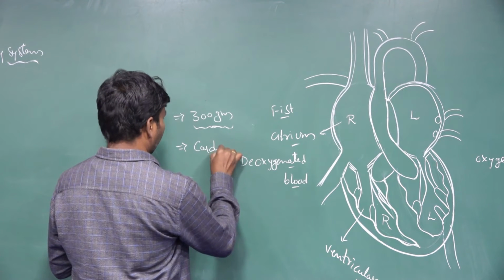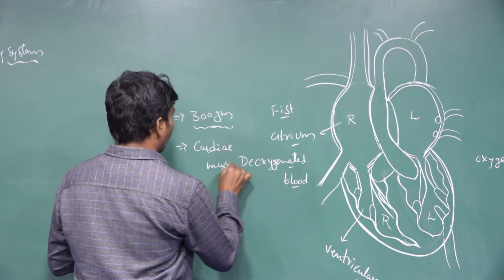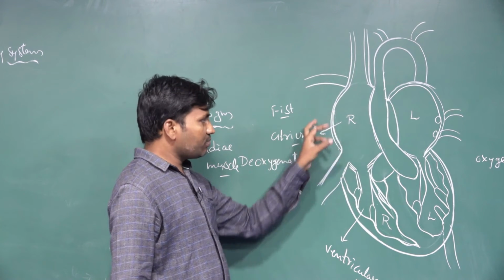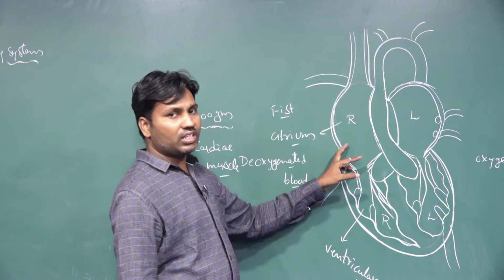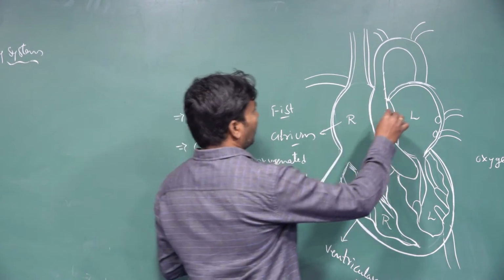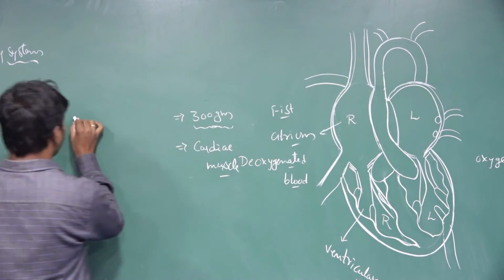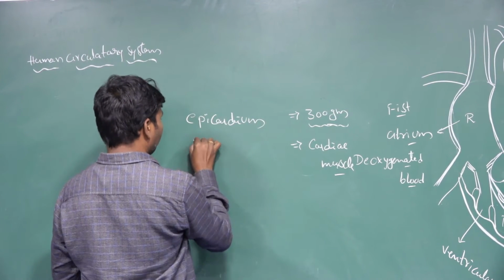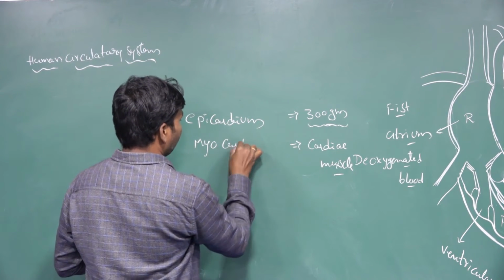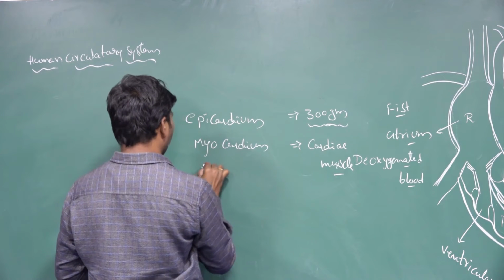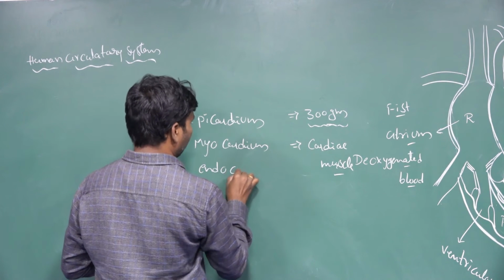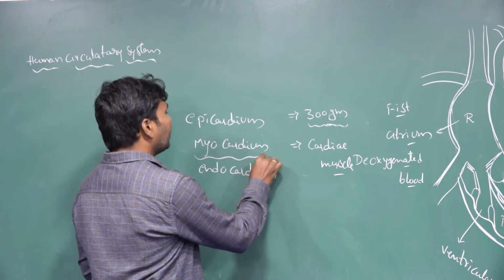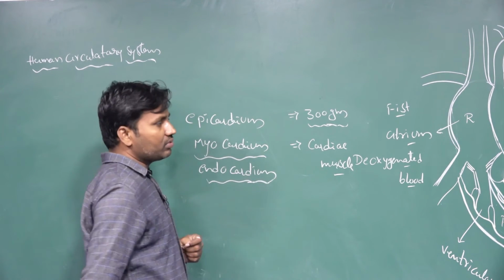Cardiac muscles form the heart structure, and these muscles are arranged into three layers: epicardium, myocardium and endocardium. Epicardium is the outer layer, myocardium the middle, and endocardium the inner layer.